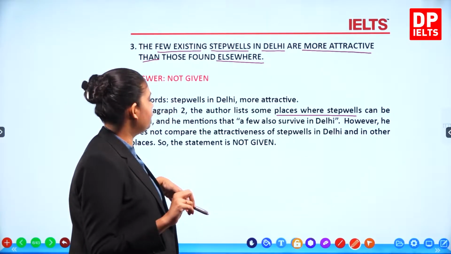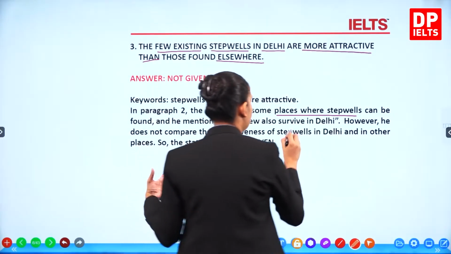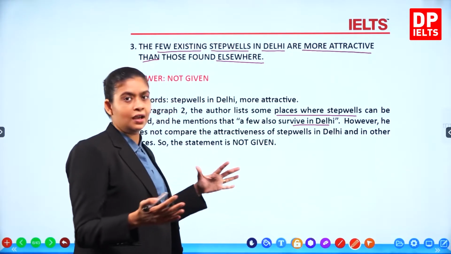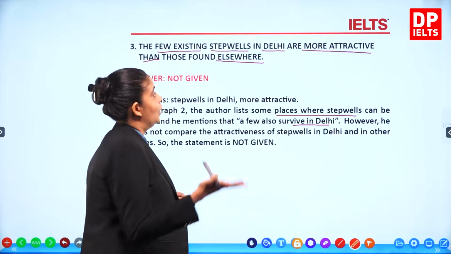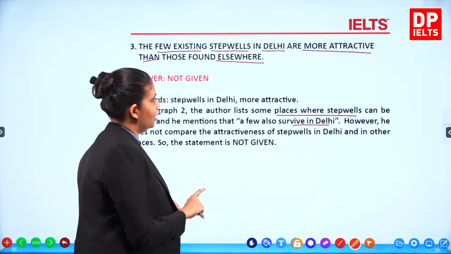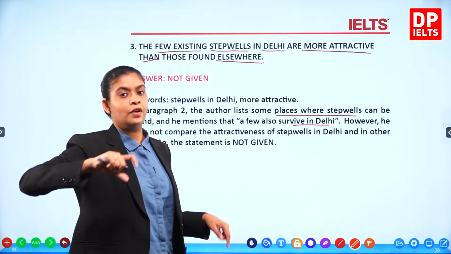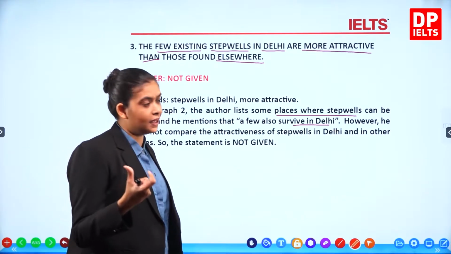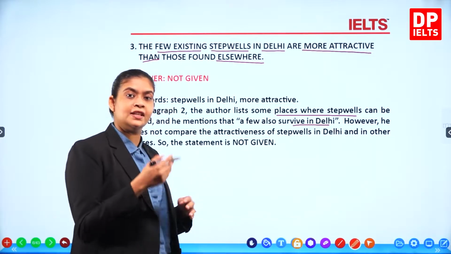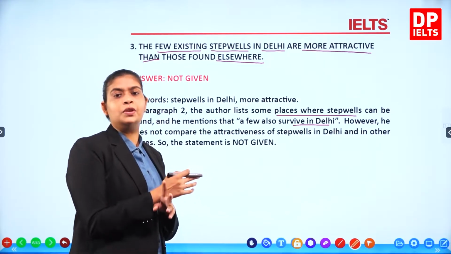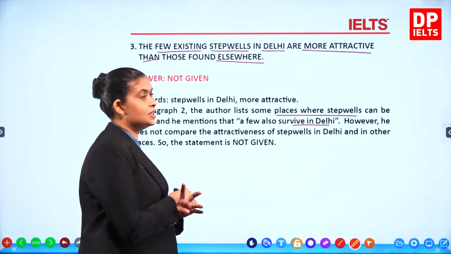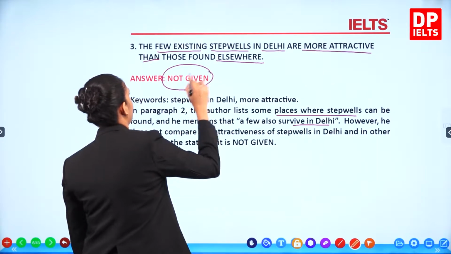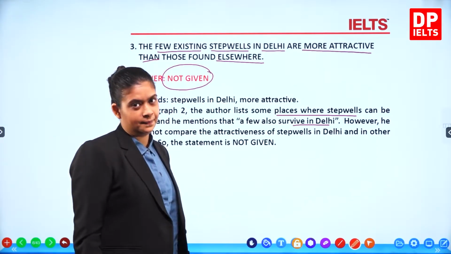Okay, a few also survived in Delhi was also mentioned. However, the comparison, that they were attractive, is there. A few survived in Delhi is also there, but more attractive means a comparative form. But do we have that comparison in our reading passage? Not really. So we don't know if it was more attractive or less attractive. So the answer would be not given.